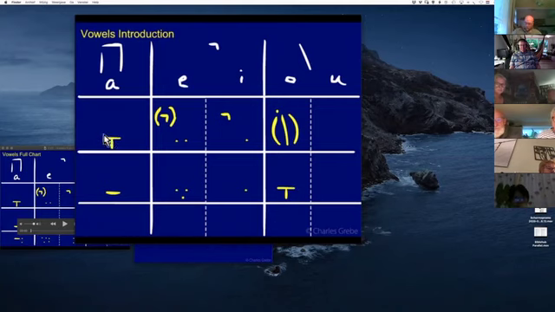The same symbol as the kametz. A different vowel though. It is pronounced A as in on, and it's called the kametz hatuf. This is called the kametz, and this is called the kametz hatuf. They look the same, but they're pronounced differently. In a later module, I'll go through the rules for how you distinguish these in reading.